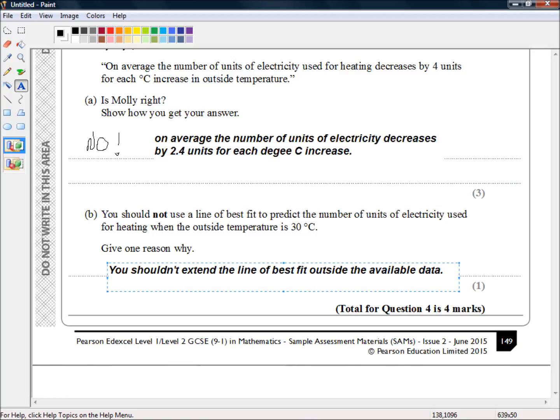In this case, the reason being is nobody would be using electricity to heat their house when the outside temperature is uncomfortably hot. If anything, they'll be using more electricity, not less electricity, because they've got fans on and they've got air conditioning units on to try and cool down their house.